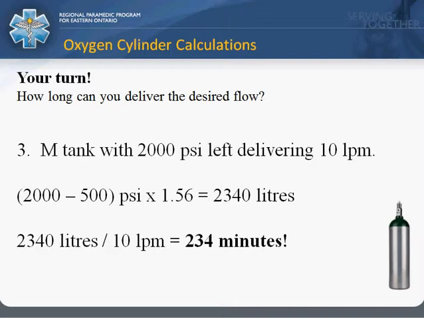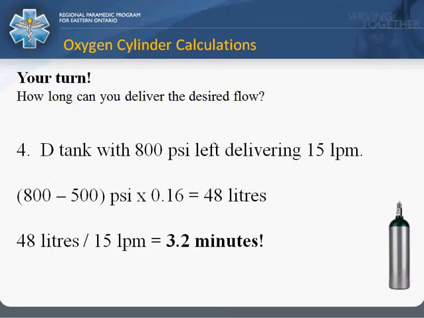Wasn't that nice? 2,000 minus 500 times 1.56 equals 2,340 liters. I like that number. Divide that by 10 liters per minute, 234 minutes. That is a great number. That is a really long transport time, and I still have oxygen flowing. I like that.